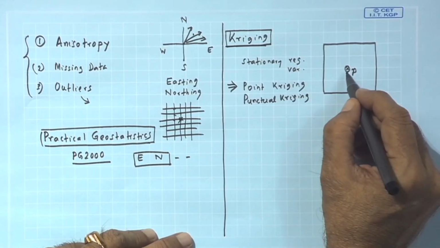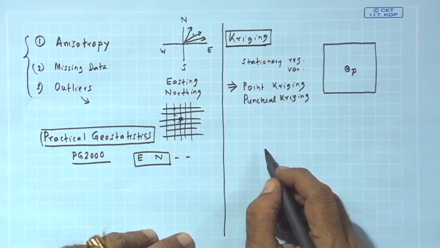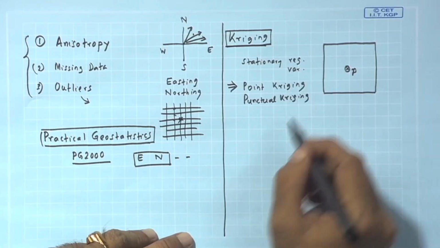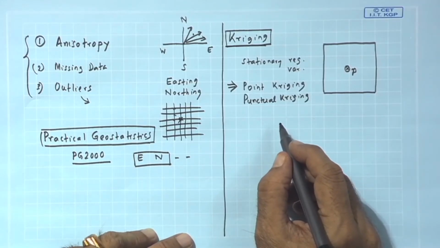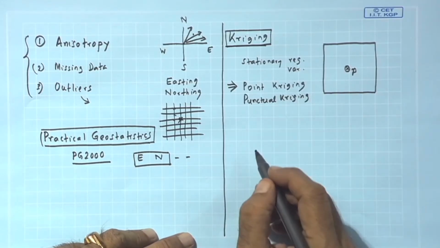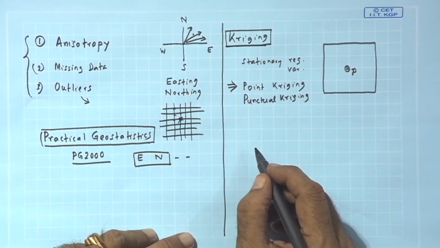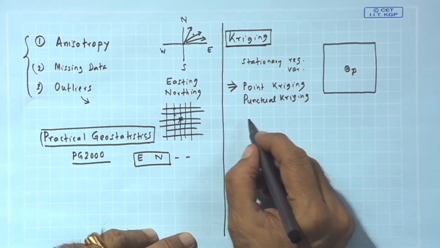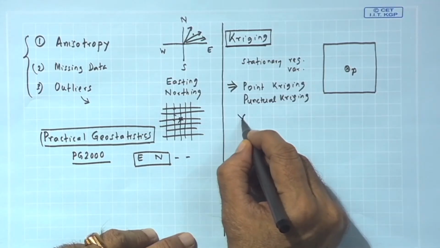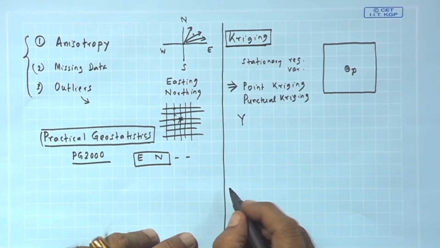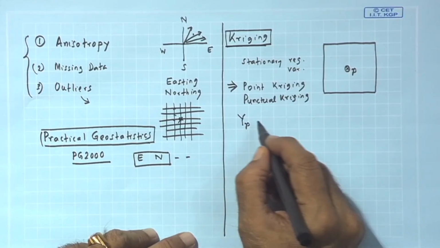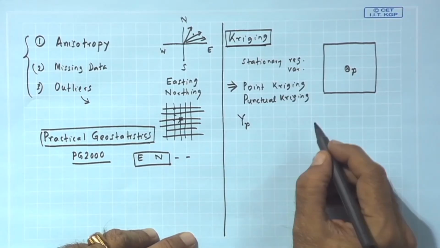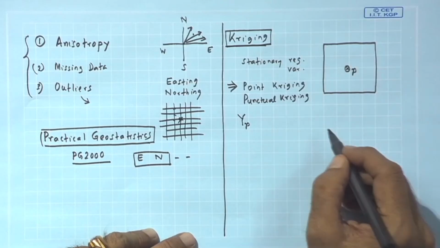And now if we do that, then we have to do it with respect to some known points on which the value of the regionalized variable is known. So suppose the value of the regionalized variable at P is denoted as yp. So this yp can be estimated based on some known points.